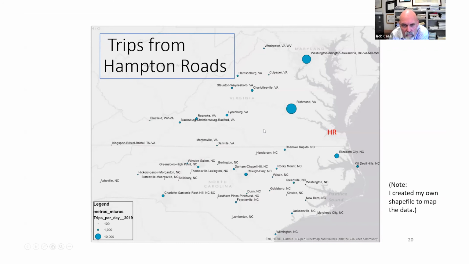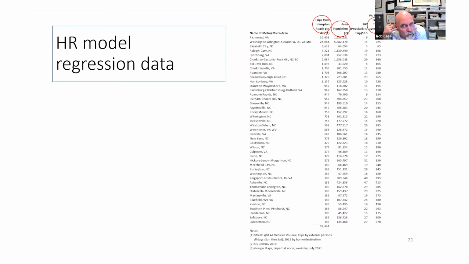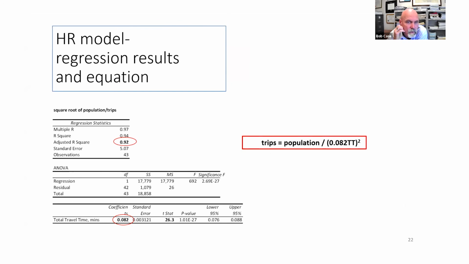So you take that data, which is in that first column, the trips column, and then the population, and then the travel time to those areas, and you plug it into the regression. And this is what you get. You get a great R squared again, and you get this coefficient.